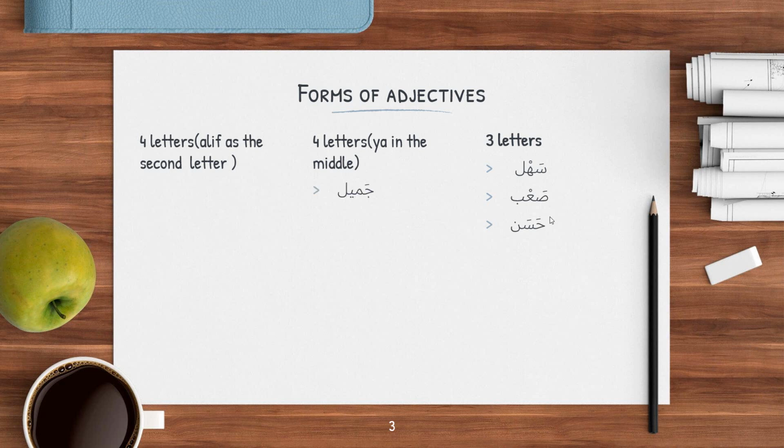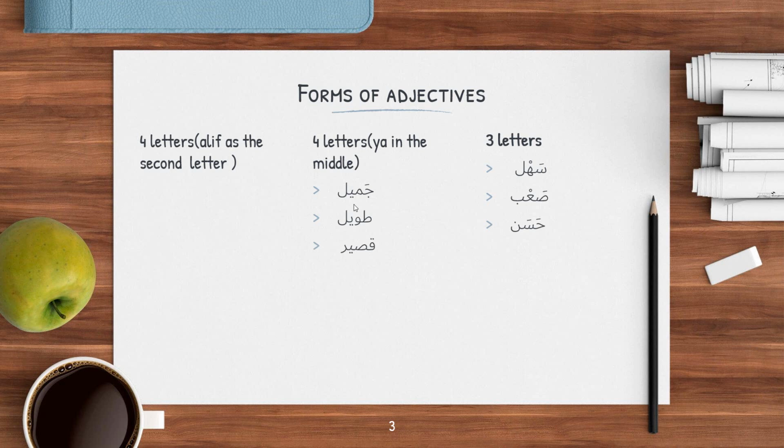Now let's continue to the 4 letters with ya in the middle. We have the word جميل, which is beautiful, and طويل, which is tall or long, by the way.